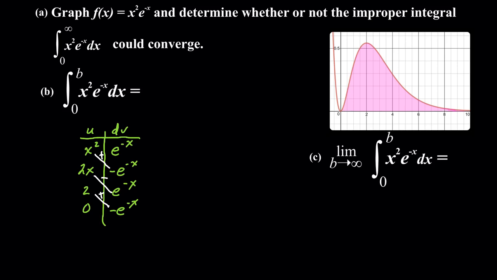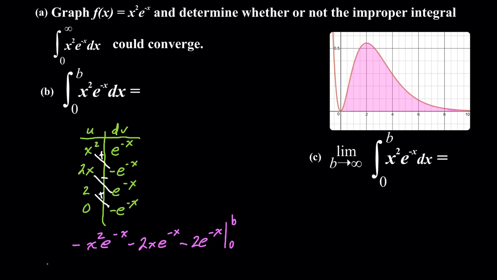So that's going to give us negative x squared e to the negative x, minus 2x e to the negative x, minus, because it's a negative e, 2e to the negative x. This is a definite integral, so we're going to evaluate this between 0 and b.